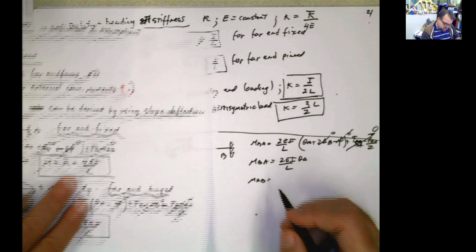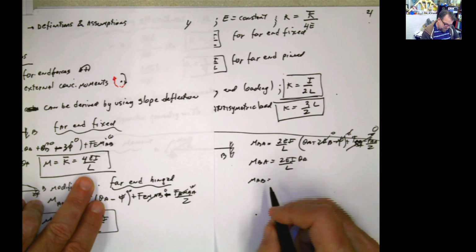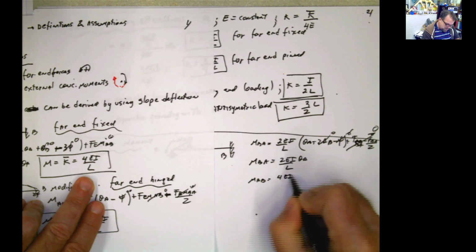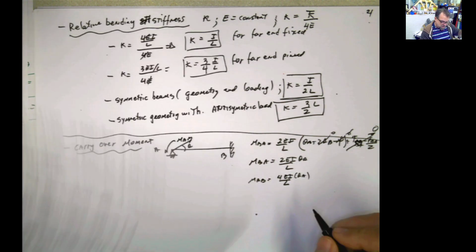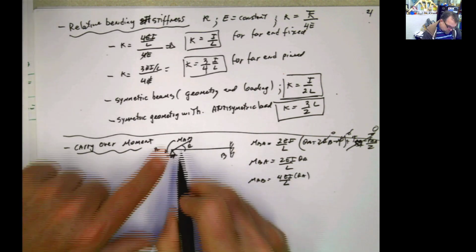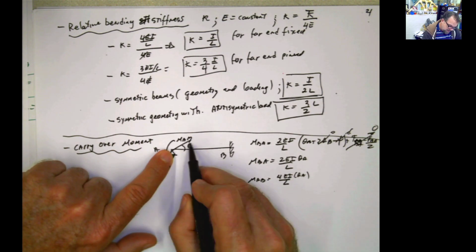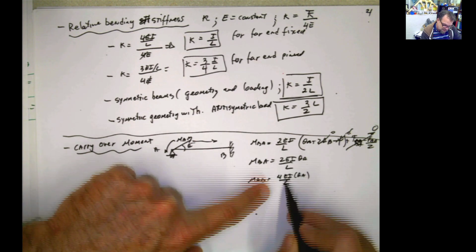It was this one, 4EI over L, meaning that was 4EI over L times the rotation at A. So by producing this moment here, look what happened. I transfer the effect of this to BA and it's half of that.